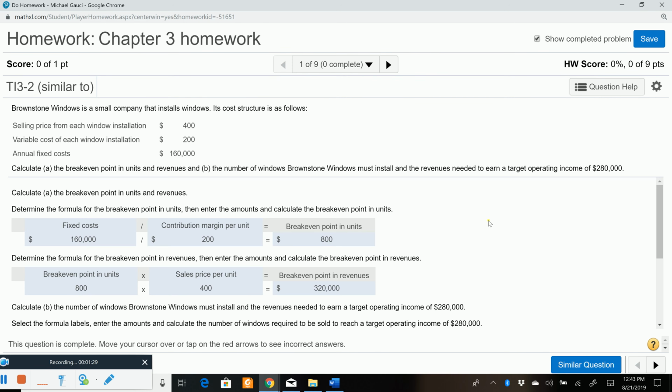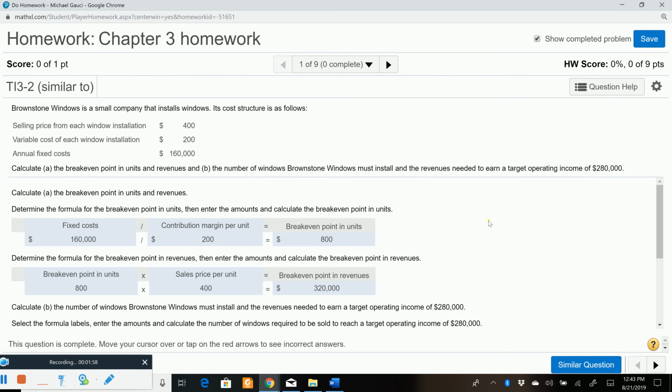So we first need to figure out what is the break-even point in units. And there is a formula that helps us figure that out, and that is as follows. Your numerator is your total fixed costs, which in this case is $160,000, divided by your denominator, which is your contribution margin per unit. Now remember, the contribution margin per unit is your selling price per unit minus your variable cost per unit.